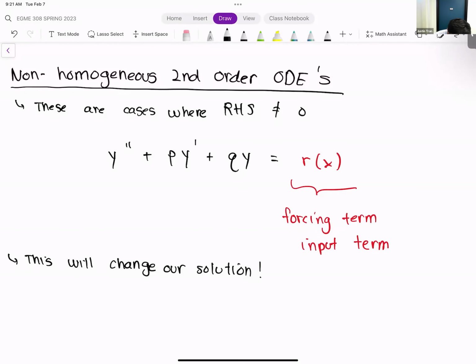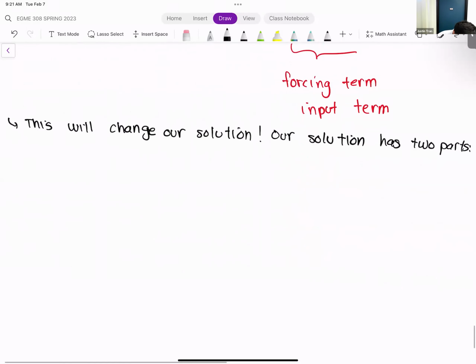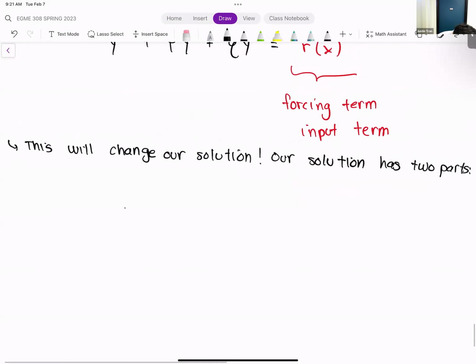And so now our solution has two parts. Our y of t here is the full solution, the solution to the entire equation, and it is now going to be comprised of two parts.